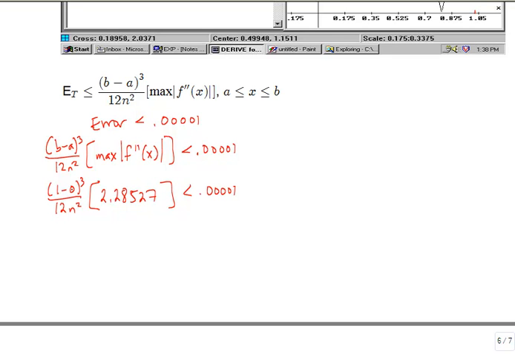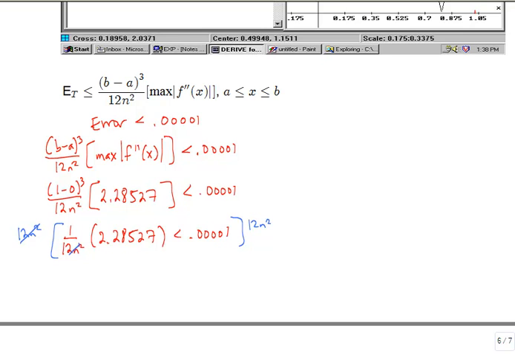So 1 minus 0 cubed is just going to be 1. So this is 1 over 12n squared. To solve this for n, I'm going to multiply through both sides by 12n squared, the thing that's in the denominator.